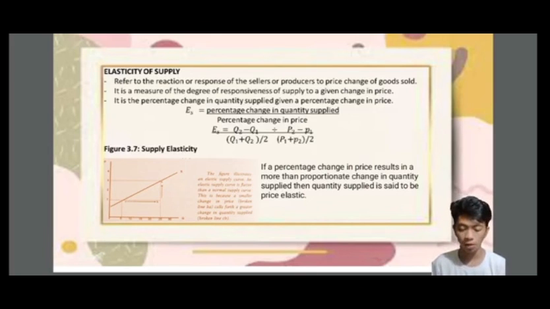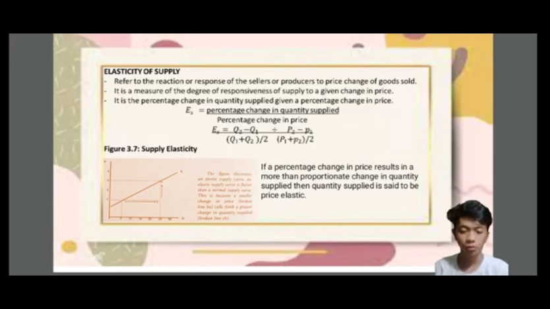Using the formula for the supply elasticity by arc method, Q2 is 120, then Q1 is 100, then divided by (100 plus 120 divided by 2). So 120 minus 100 is 20. Then 100 plus 120 divided by 2 is 110.